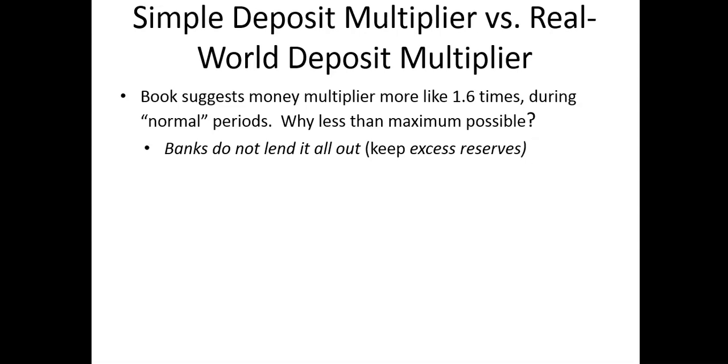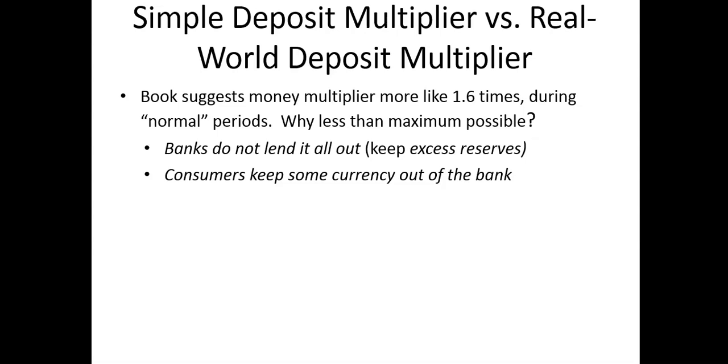But yeah, so they might not lend it all out, and customers might not keep it. They might keep some currency. They might not put it all in the bank, right? If you remember the M1 money supply, what is it, roughly 35-40% currency, the rest checking accounts. So that also diminishes, right, the money supply. So Shannon might not have originally put in the $1,000. She might have kept 100 or kept 200, right?